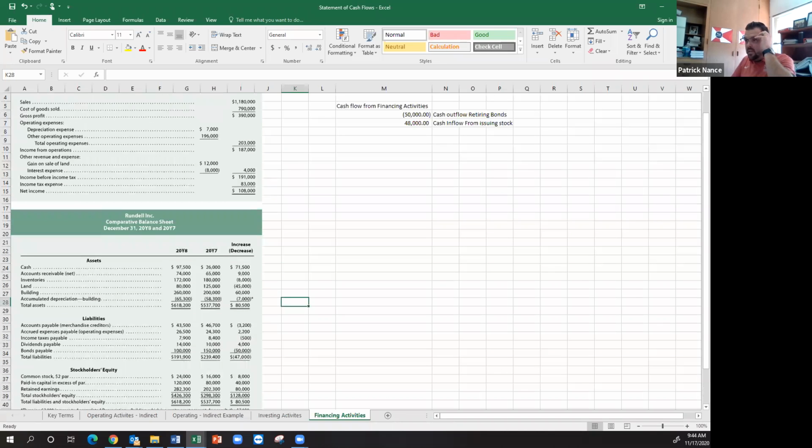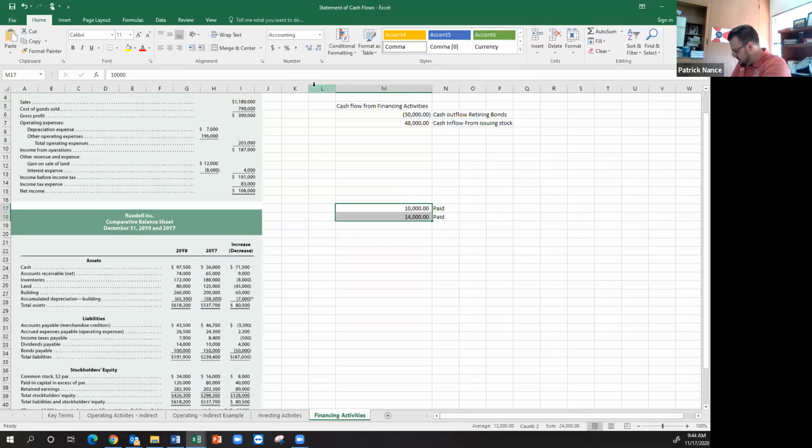So effectively, what that means is that in cash they paid $10,000, and then they paid $14,000 in dividends. Okay, two separate times. And then it also means that the increase in dividends payable shows our decrease of $4,000.